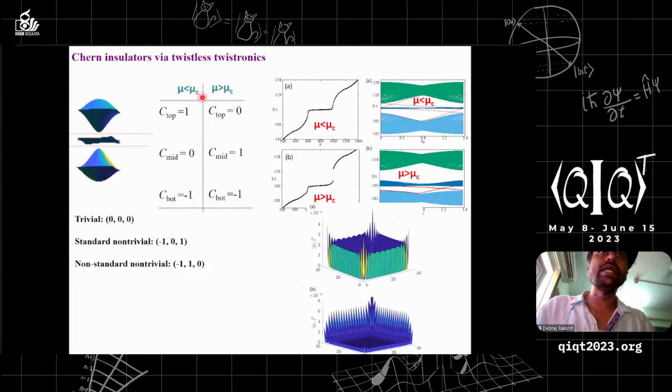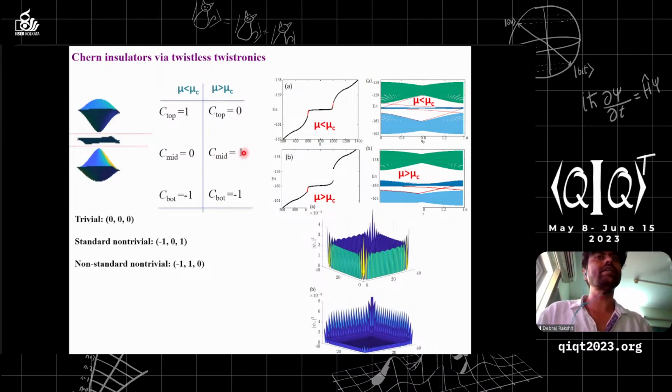Once you do that, you can see that there is a critical on-site potential below which these two top bands are non-trivial, and the middle flat band, where we are mostly interested, is actually a trivial band. But above the critical value, mu greater than mu c, this top band becomes trivial and this band becomes non-trivial.